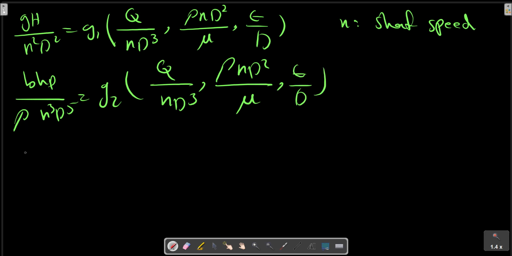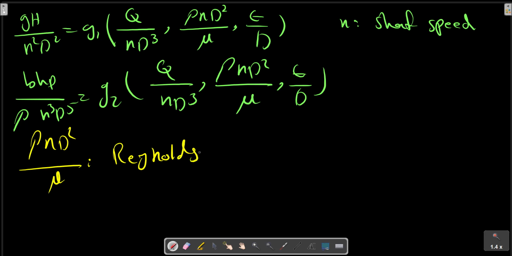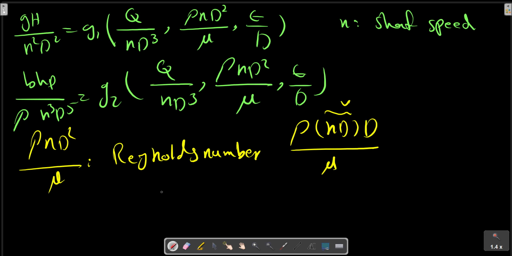We know that rho N D^2 on mu is the Reynolds number, because this is rho and this is V. Epsilon on D is the friction roughness ratio.